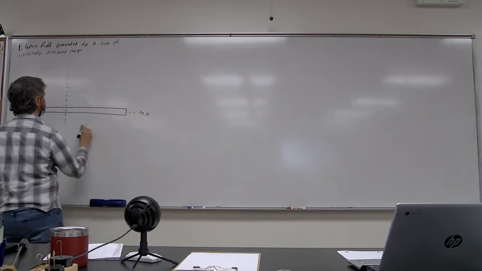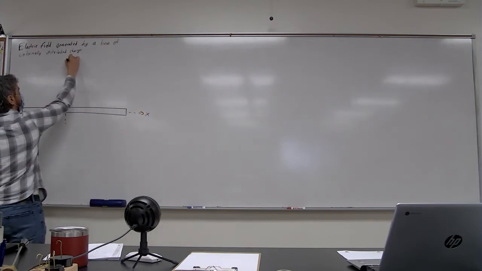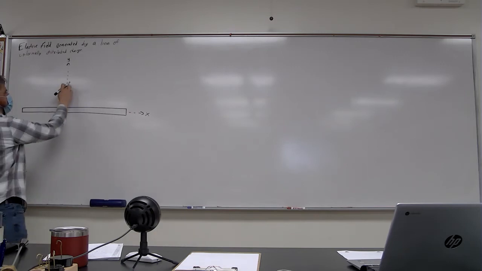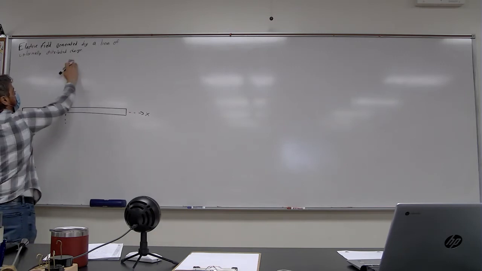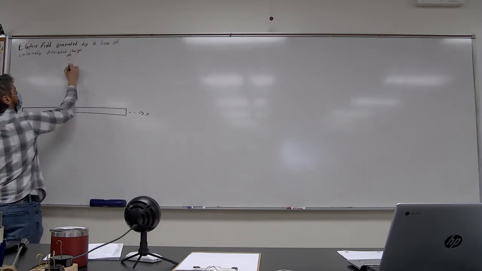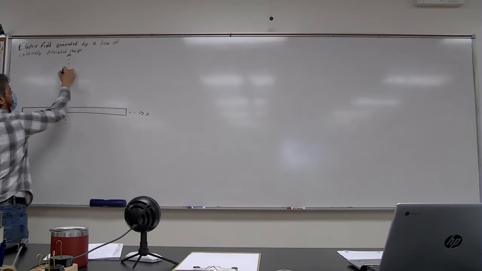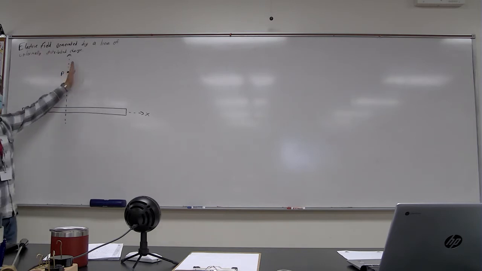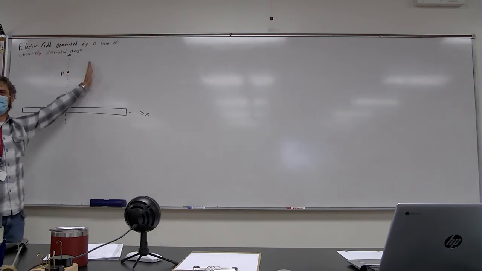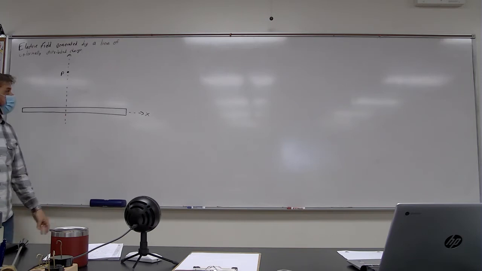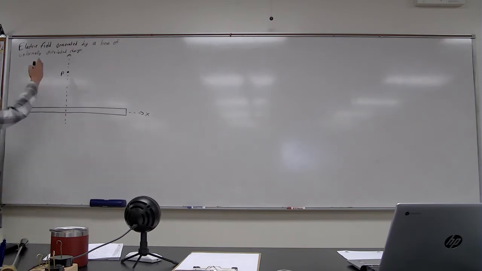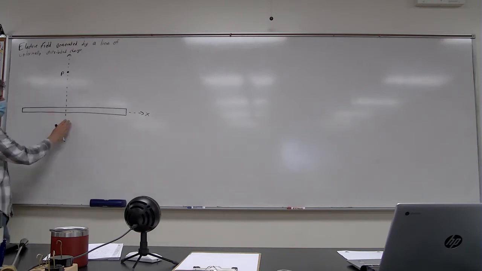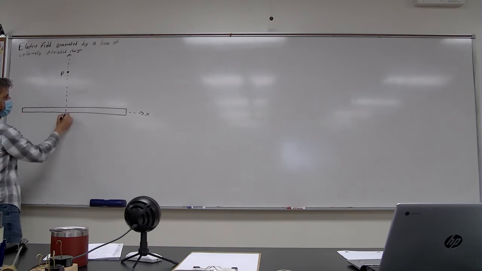There's my x direction, my y direction, and I want to find the electric field at some point P that is right aligned with the middle. Again, if you take that point and you move it a little bit, then it's going to get more complicated and you won't see that in this class. So it is cutting right through the center. And so this is the origin right here.